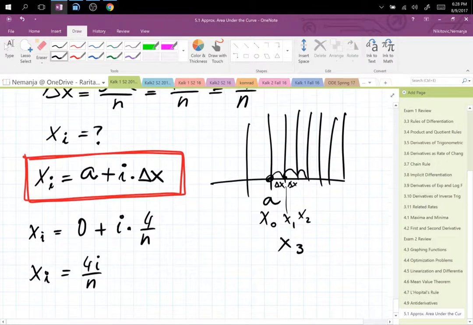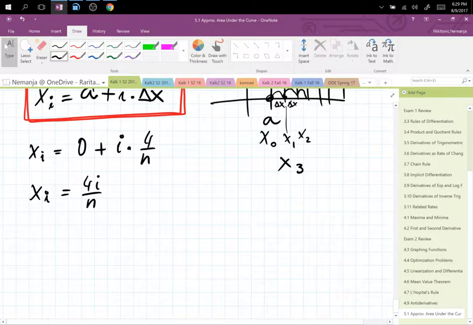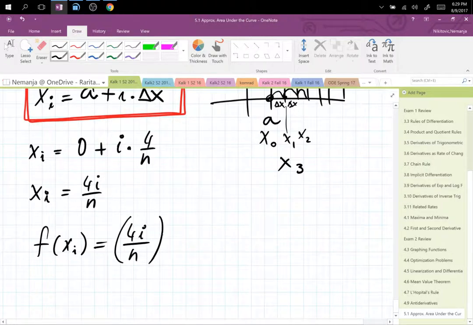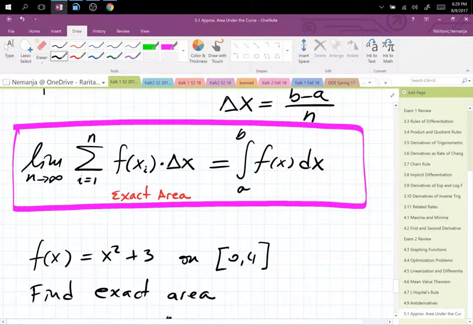So mathematically, how is this going to be used to compute an actual value if it loops back on itself because the n is a changing value that goes to infinity? Well, remember that we have the limit, and that's going to smooth it out. So now we have everything, and we plug everything in. Now that I have xi, I can compute f of xi, which is 4i over n squared plus 3. Was that the equation? x squared plus 3?